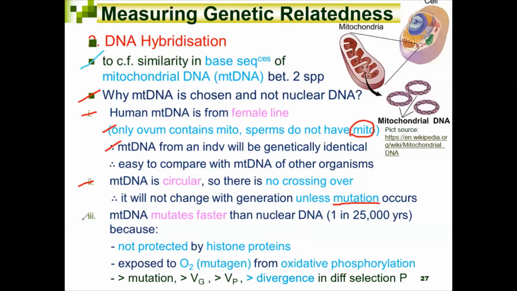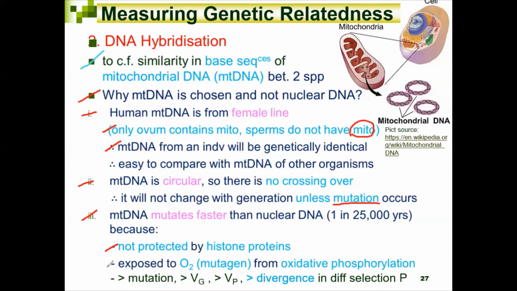And then they say that mitochondrial DNA mutates quite fast. Why? Because it is not protected by histone proteins, unlike the chromosome. Whenever a molecule is surrounded by another molecule, that other molecule holds it so that it will not easily change in structure. But because mitochondrial DNA is totally naked, not surrounded by histone protein, it can easily mutate.